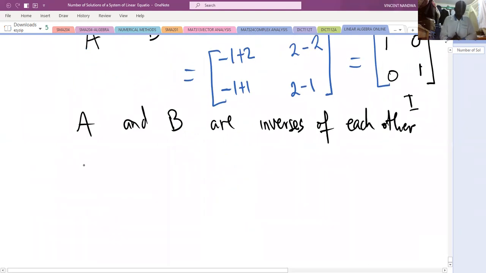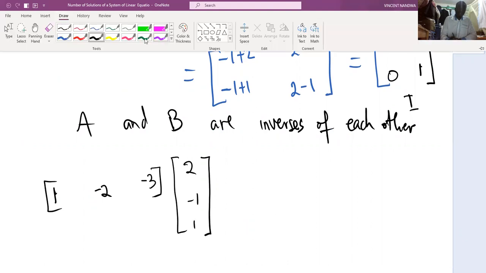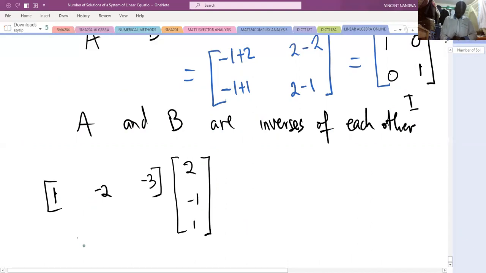And if I have a matrix 1, -2, -3, and another one 2, negative 1, 1. This multiplication is defined because this is a 1 by 3, this is a 3 by 1. So you just get a 1 by 1 matrix.